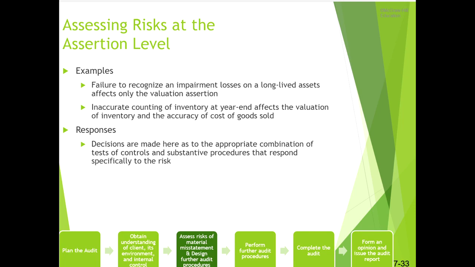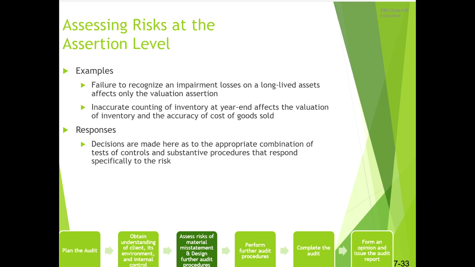Same for inaccurate counting of inventory. If they don't have good controls on the inventory counting process at year end, that can impact valuation through the ending balance of inventory, but the ending balance also impacts the flow out of inventory, which shows up in cost of goods sold, so it impacts the accuracy of that number, right?